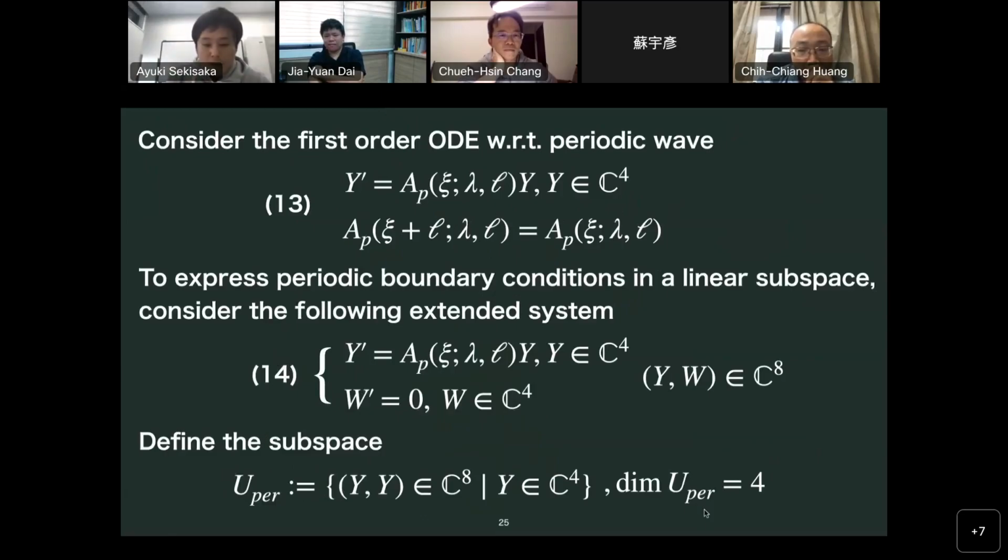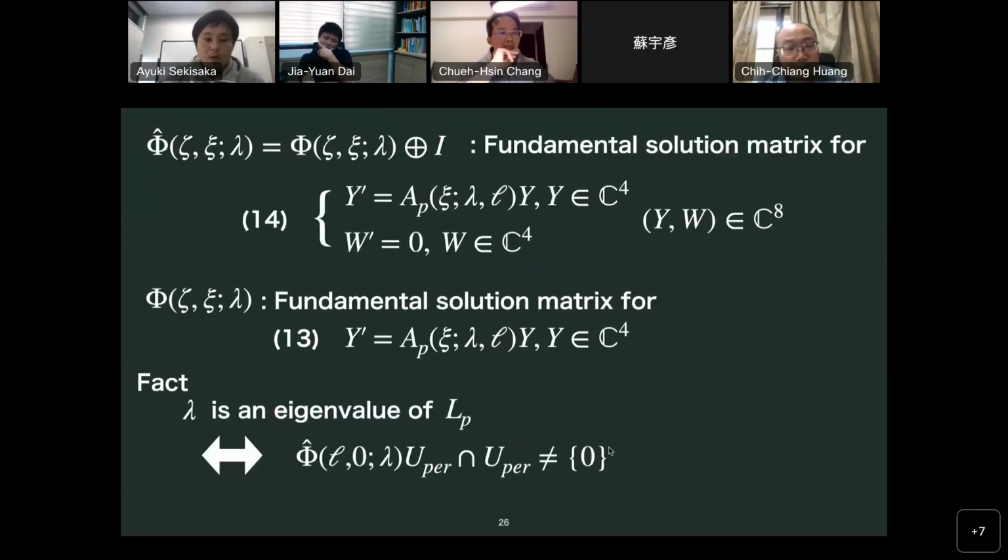The dimension of U par is equal to 4 because Y is in C4. And phi hat is the direct sum of phi and the identity.